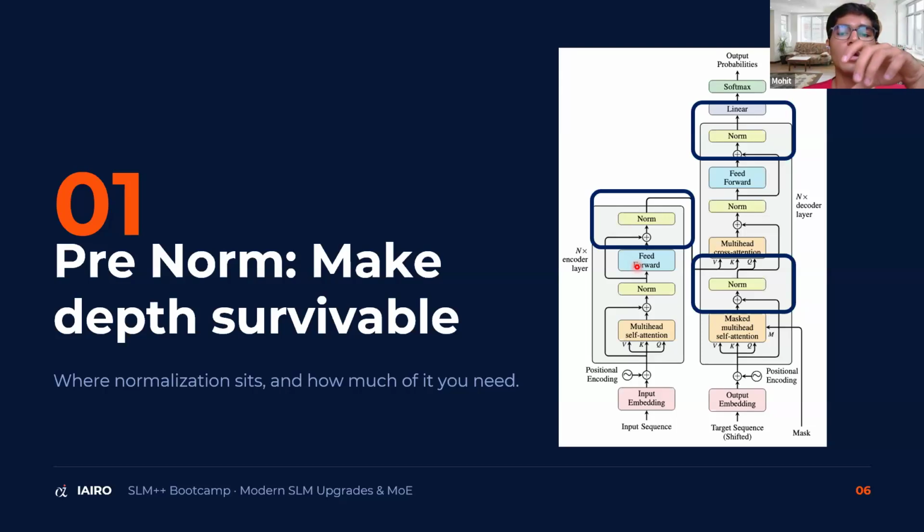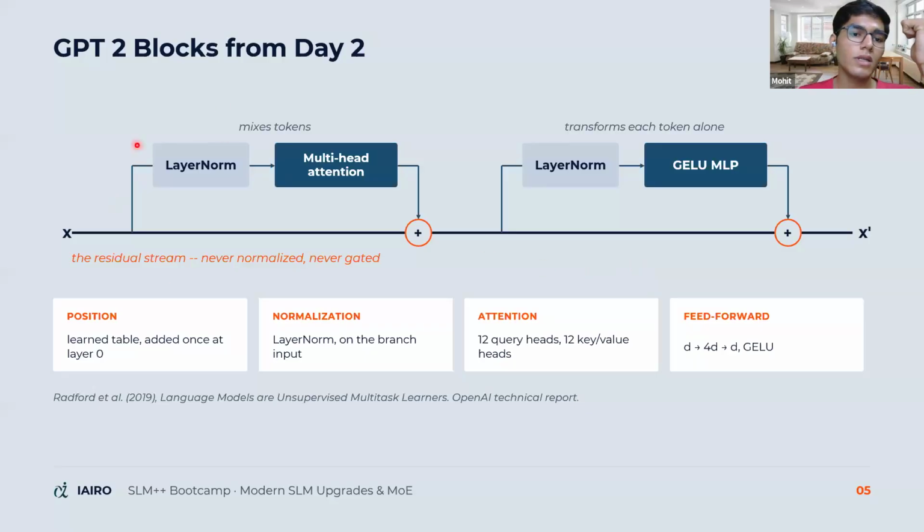I would urge you to have a visual of it in your book or in your notes. This is the layer we will be looking at, that is the multi-head attention and the activation units of the GPT-2 architecture. The positions were fixed, the normalization was inefficient, the attention was inefficient too, and the feed forward network FFN was inefficient too, as we have seen in the Vaswani et al. paper.